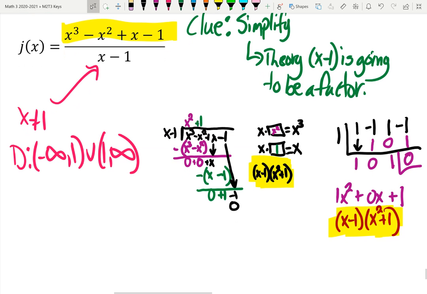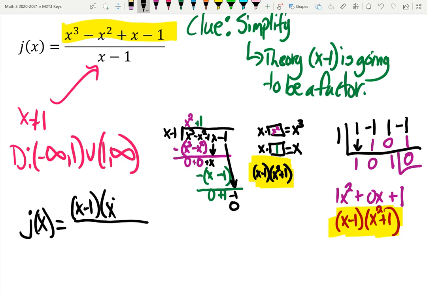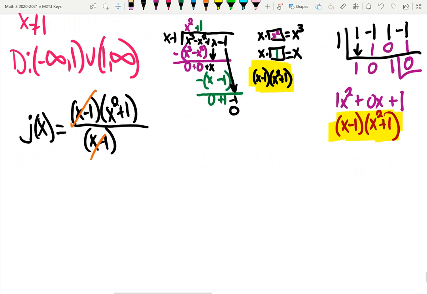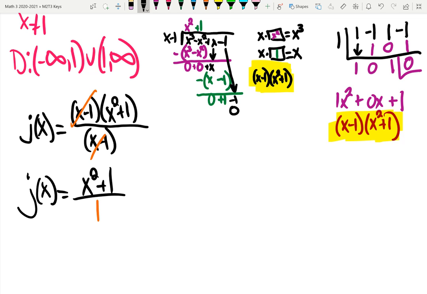All of this fancy stuff we've done, but essentially what it enables us to do, the reason we learned this division, is to be able to factor the top to say x minus 1 times x squared plus 1 over x minus 1. Cancel, cancel. I do want to point out that technically what is happening, the inner workings, means that it's going to be x squared plus 1 over 1, but any number divided by 1 stays the same.